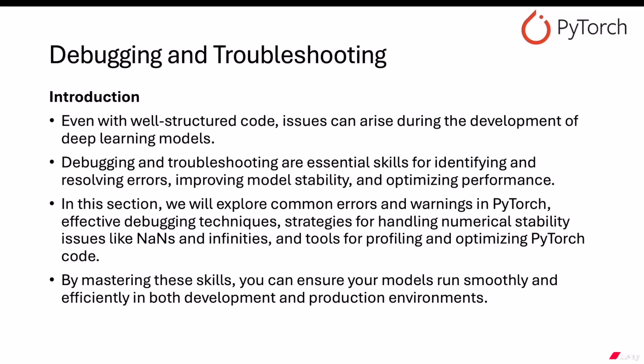In this section, we will explore common errors and warnings in PyTorch, effective debugging techniques, strategies for handling numerical stability issues like NaNs and infinities, and tools for profiling and optimizing PyTorch code. By mastering these skills, you can ensure your models run smoothly and efficiently in both development and production environments.